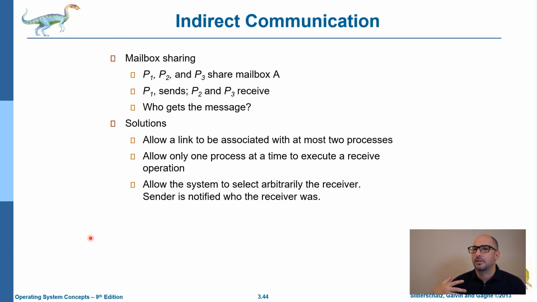There might be some kind of selection mechanism between processes based on priority. Other solutions would be to allow that link to be between at most two processes. Well, now that feels like direct communication. And the other is that it might be the first one that executes that gets it, or again, let the operating system delegate which process will receive it.